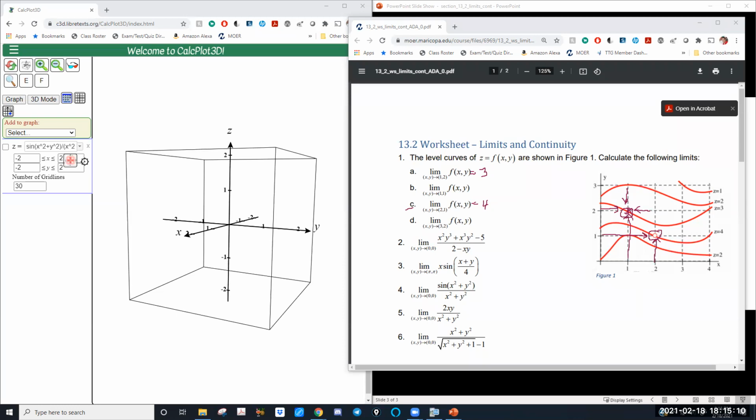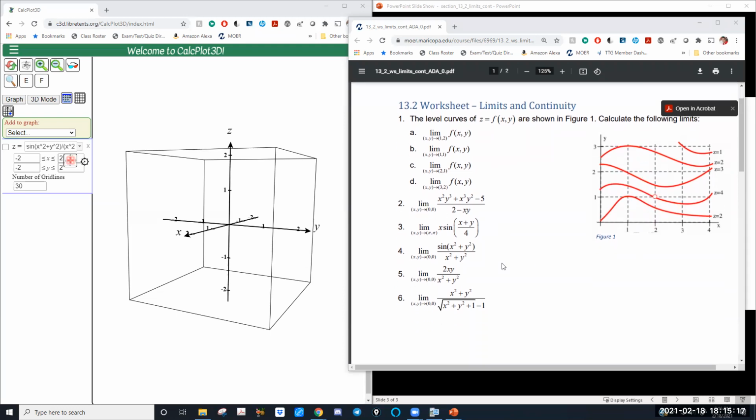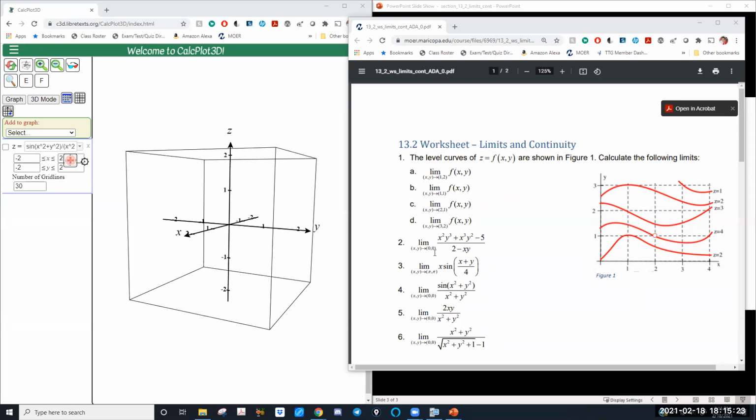Now, let's talk about if we're given a function. How do we deal with that? And I'm going to do number 4 here. Now, first off, before I do any of them, the first thing you always do with a limit, and this goes all the way back to Calc 1, is you try plugging in the value.